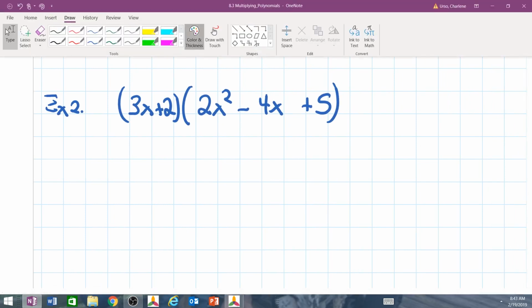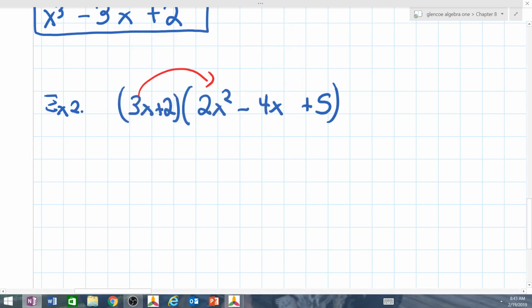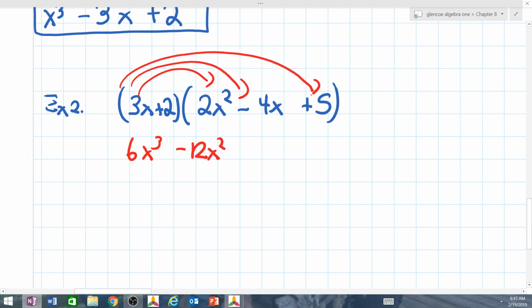So here we go. Having fun. 3x times 2x squared is a 6x cubed. 3x times a minus 4x is a minus 12x squared. And 3x times 5 is a plus 15x.